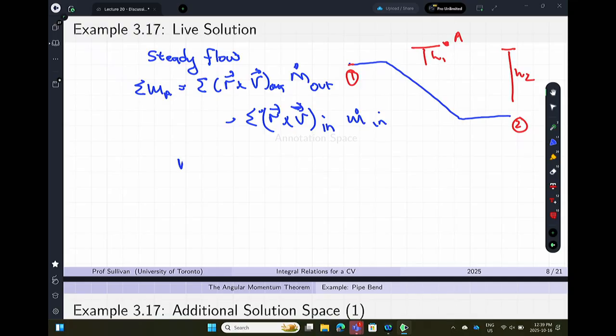When you started writing the moments for pressure forces, you had R1 cross, is that rho A1 and normal vector, or is that pressure times A1 times the normal vector? Hold on, let me just see.